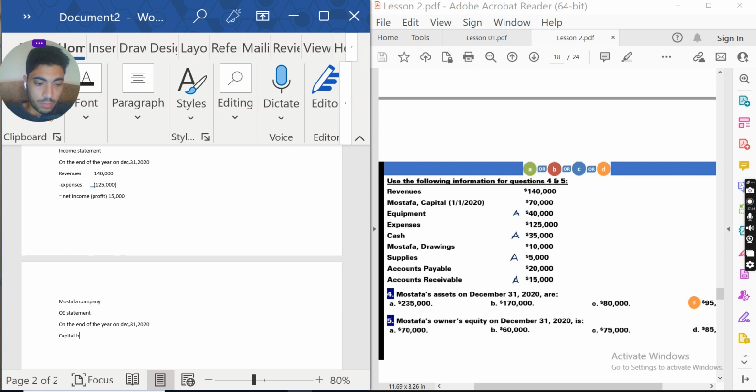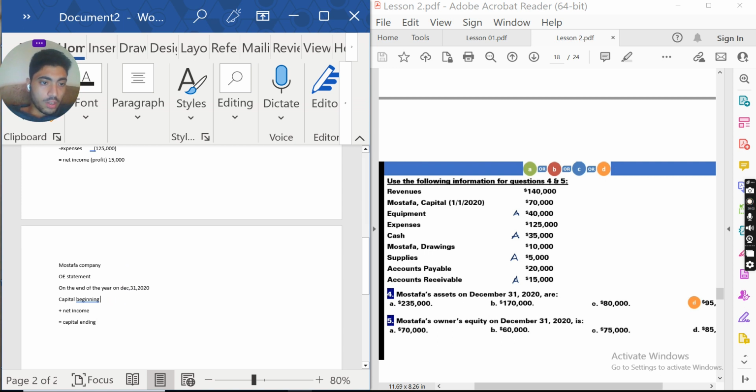Capital beginning plus net income, which will give us the capital ending. Alright, what was the capital beginning? Mustafa capital on 1/1/2020, that's the beginning, was 70,000, and the net income was 15,000. Capital ending now is 85,000.